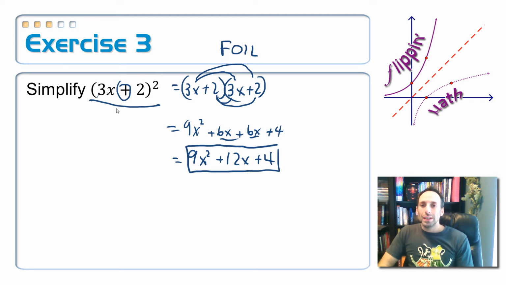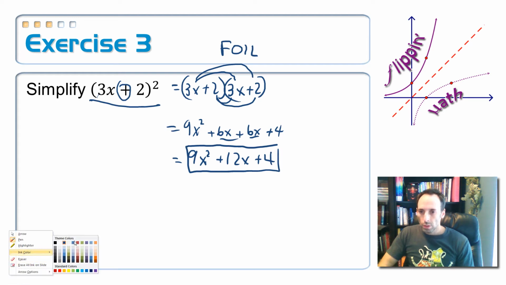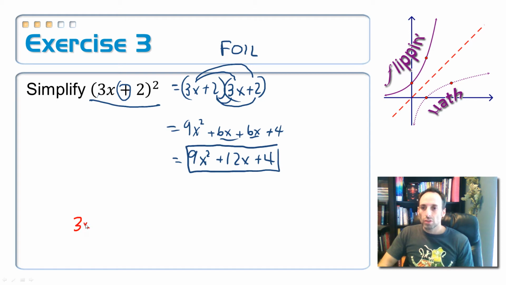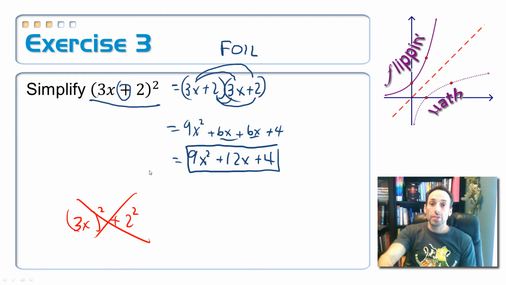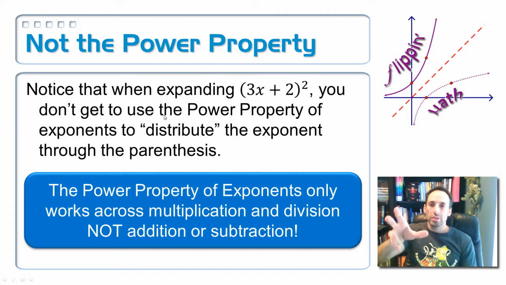This is why it's not okay to just go, let's maybe switch this color here to a really bright red. This is not just 3x squared plus 2 squared. You can't do that because it is not the same thing as the power property. Alright? So that's what this is saying right here.